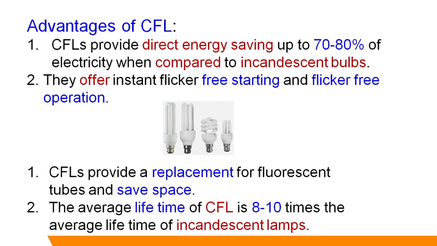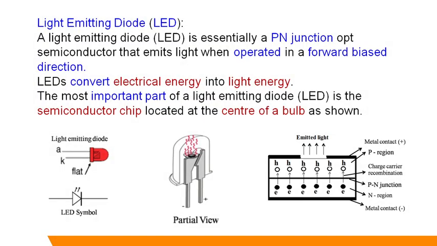So you can use this CFL for more than 8 times longer. 8 into 5000, that is 40,000 hours you can use it. This is one of the important advantages.